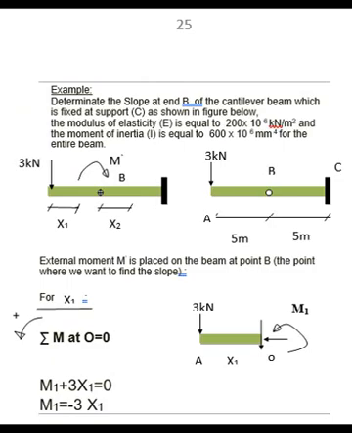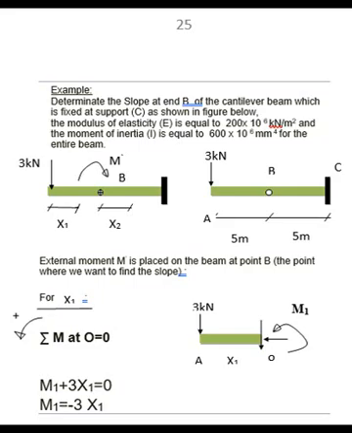The following example will show how we will find the slope at a point by using Castigliano's theorem. Example: determine the slope at the point B of the cantilever beam, which is fixed at support C as shown in the figure below.